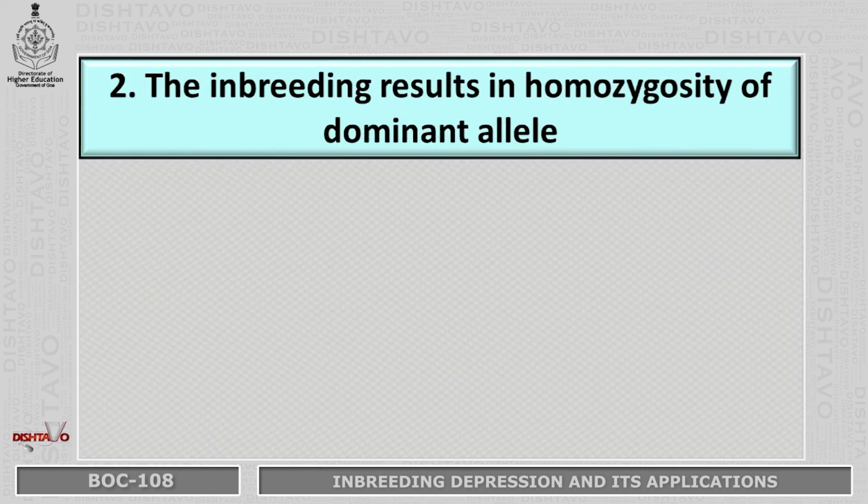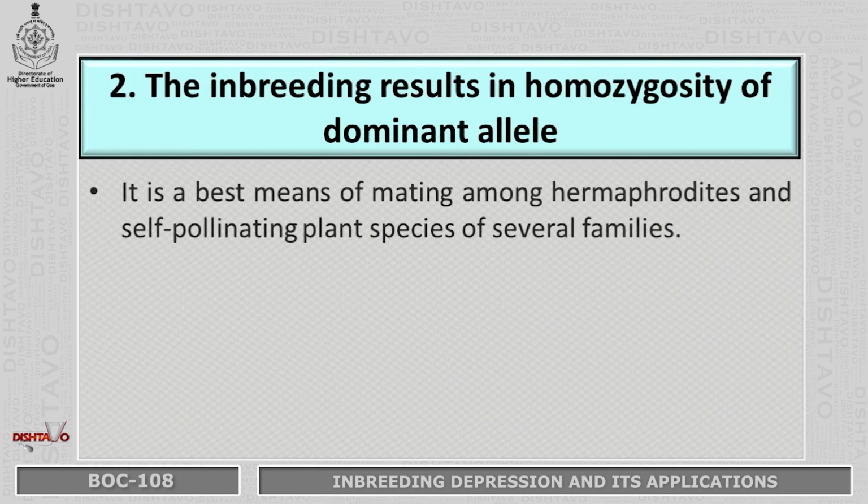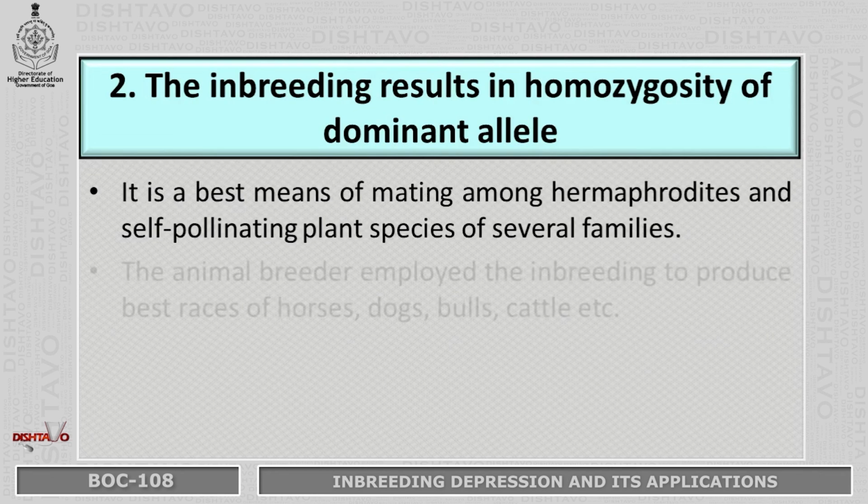Secondly, inbreeding results in homozygosity of dominant alleles. It is a best means of mating among hermaphrodites, meaning a bisexual individual, and self-pollinating plant species of several families.